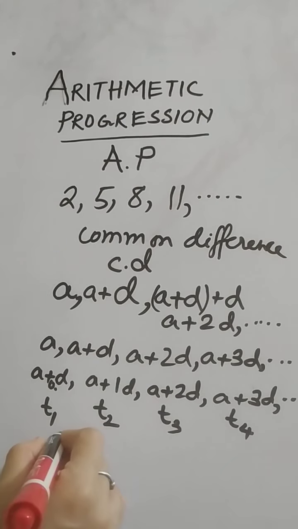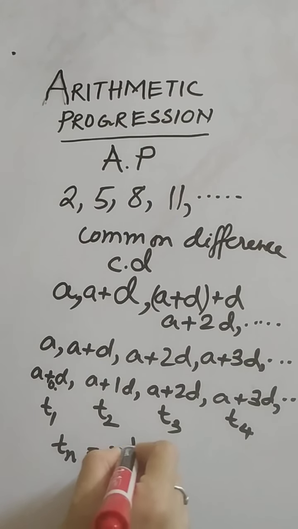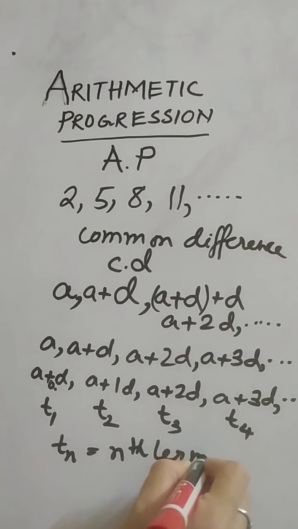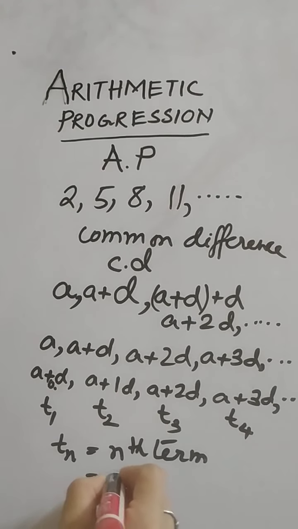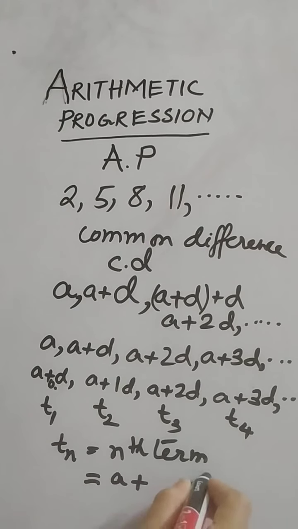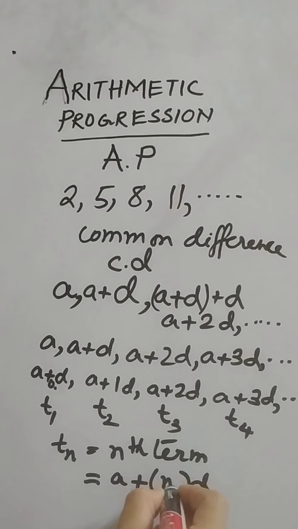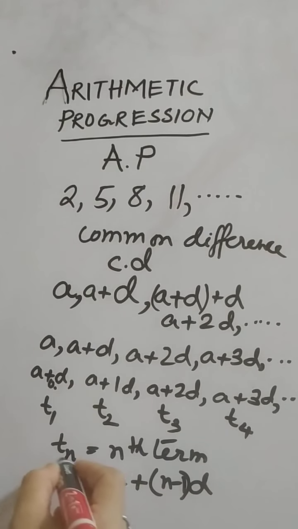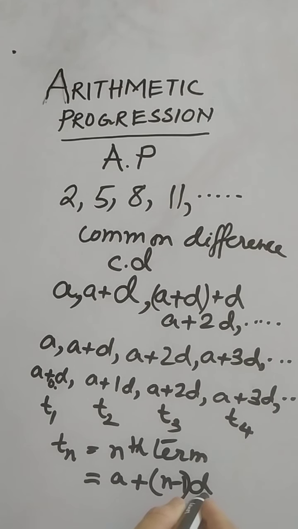So if I want to write the nth term, Tn, then how will that look? It is A plus the multiple of D, which is 1 less than the number of the term. So my nth term, Tn, is A plus (n minus 1) D.